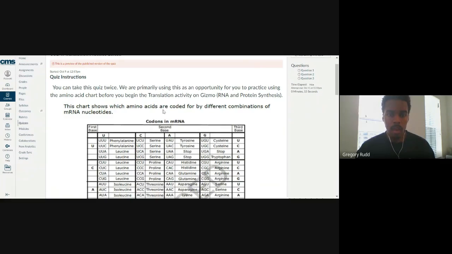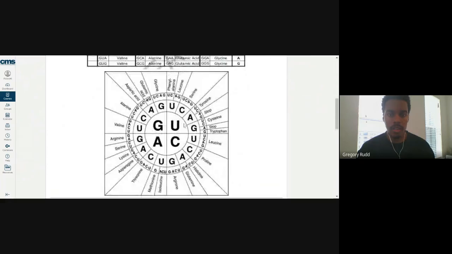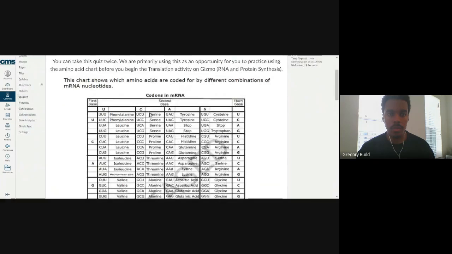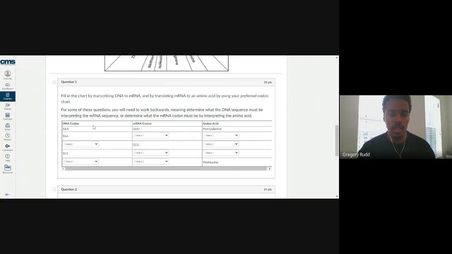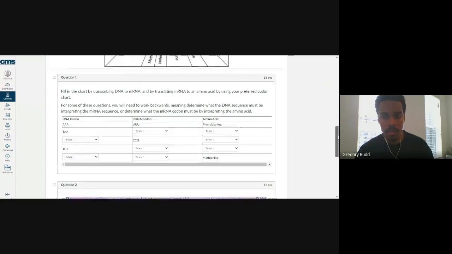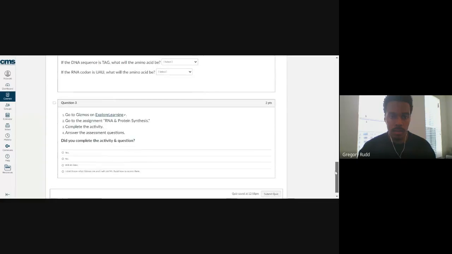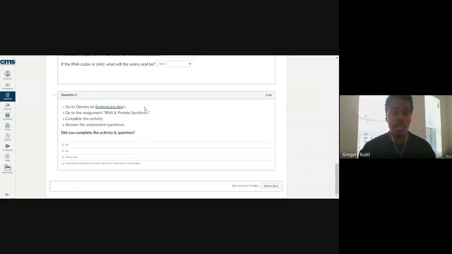You've got both codon charts available to you yet again here at the top of the page. What you're going to need to do is transcribe and translate. Some of the questions will ask you to go from DNA to mRNA and then to amino acid. Some will ask you to go backwards and so on, but you guys will see what I'm talking about. The last part of the activity is a gizmo.